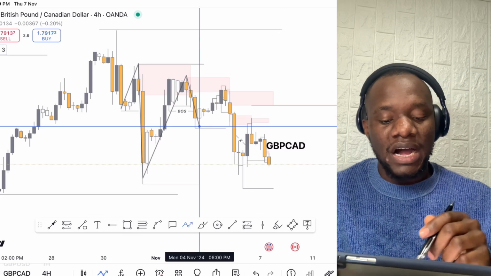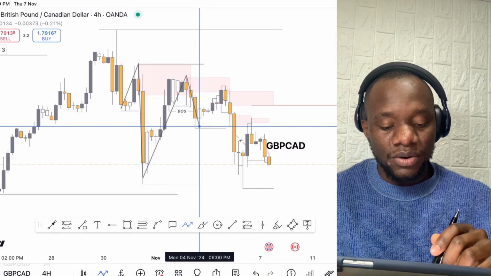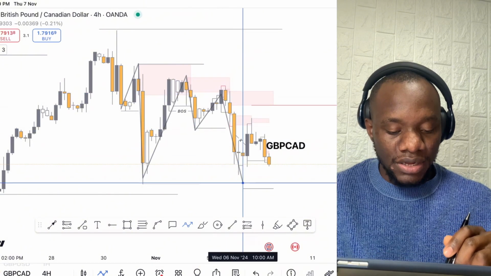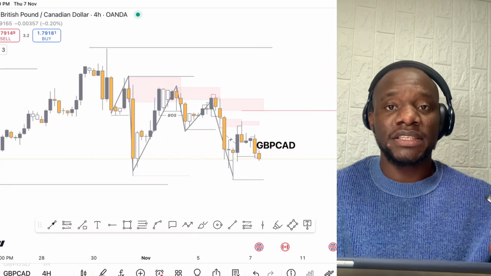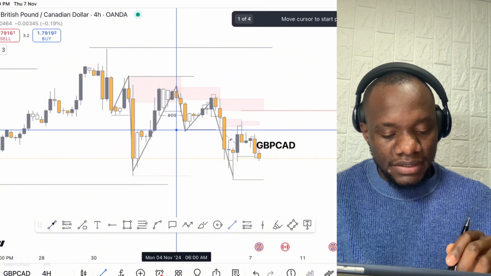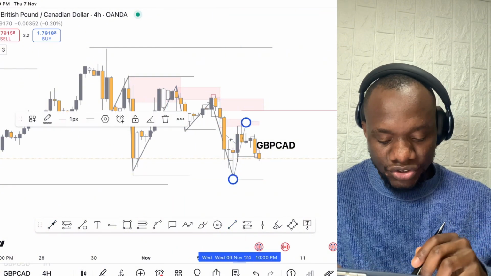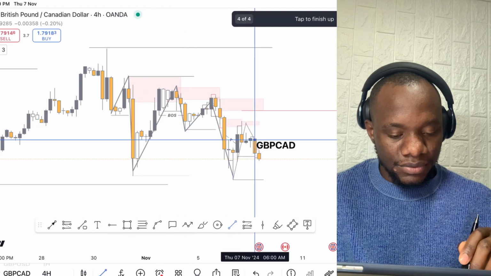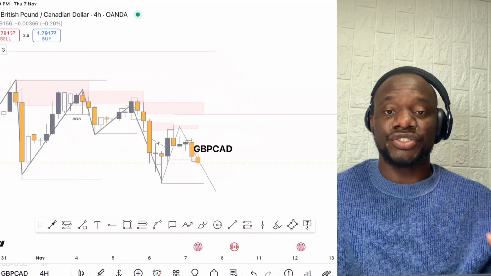How come we have a high that never continued moving higher, but came down and moved low, then we went high again and put in another low? At that point, as a trader, what do you start expecting? You expect that we'll probably have a long that will give us another short, right from here, and we continue the trend.